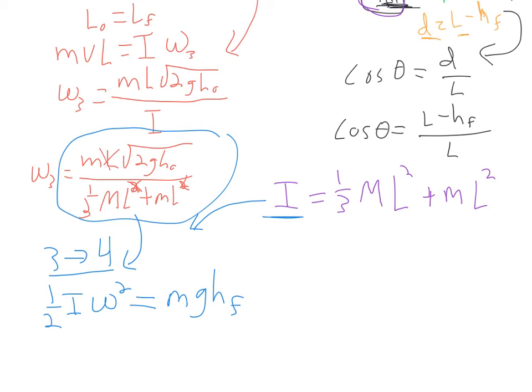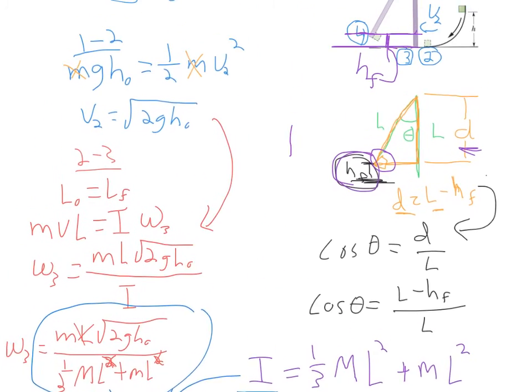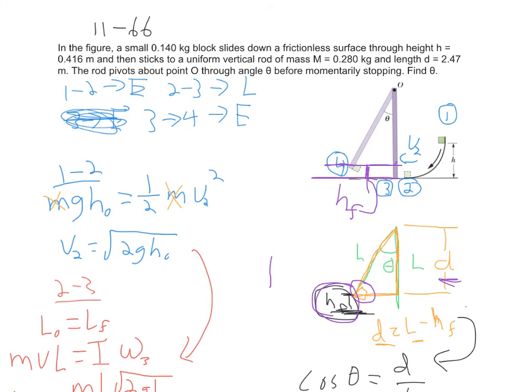But what about the rod? Does the rod move up the exact same distance? Does it move up that same h final? So let's consider the center of mass of our rod. Here's the center of mass of our rod. It's halfway up the rod. As it swings, it's going to have an increase in height exactly equal to half that of the increase in height of the block. So this h distance here, I'm just going to erase and redraw that, sorry.